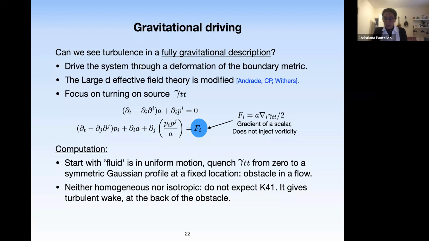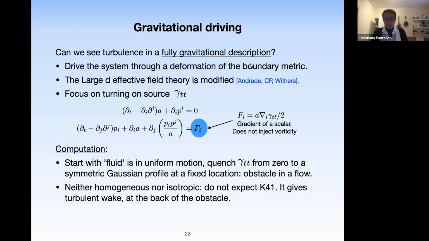Now, since the boundary condition problem in AdS is different in this case because we have sources on the boundary, we have to go and repeat the large D procedure in order to obtain the new effective equations in the presence of boundary sources.